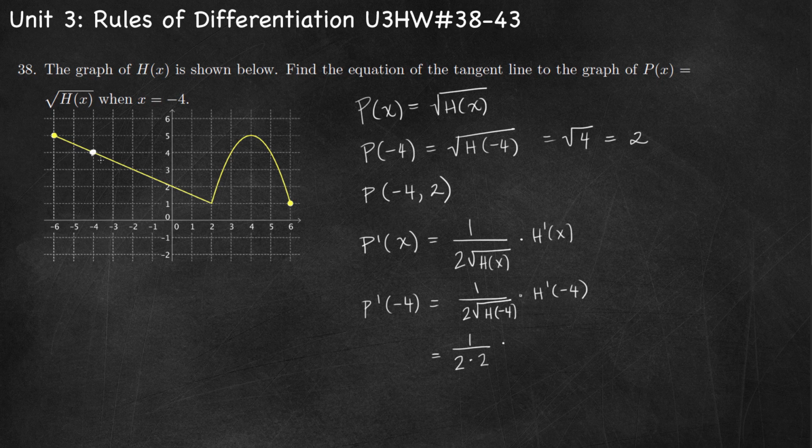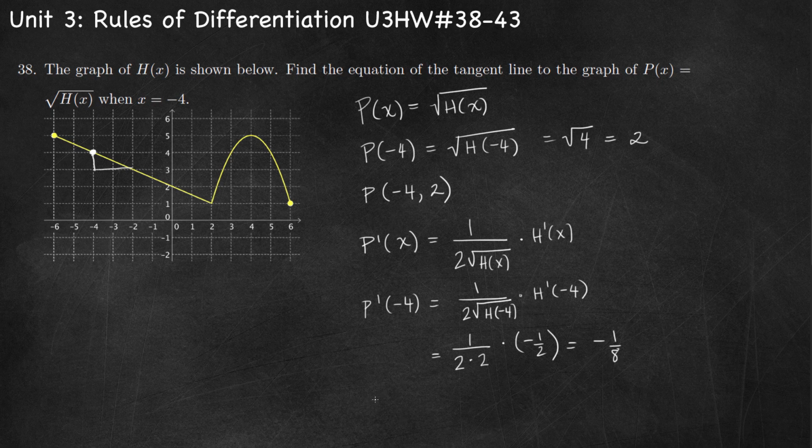So the slope here, if we just look at rise over run, down 1, right 2, is negative 1/2. And so we get negative 1/8 for the slope of our tangent line.